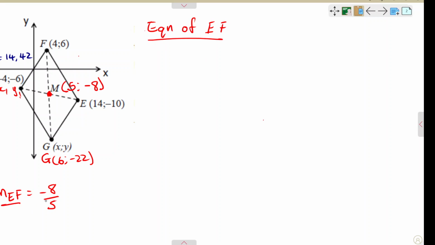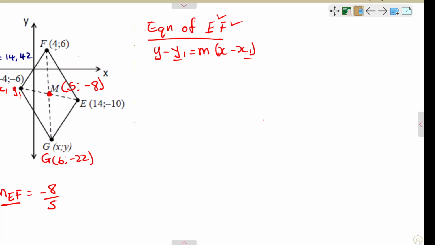If you remember, we calculated this gradient to be negative 8 over 5. So we use the same formula, y minus y1 is equal to m bracket x minus x1. So for y1 and x1, you can take the coordinates of E or you can take the coordinates of F. The answer will be the same.